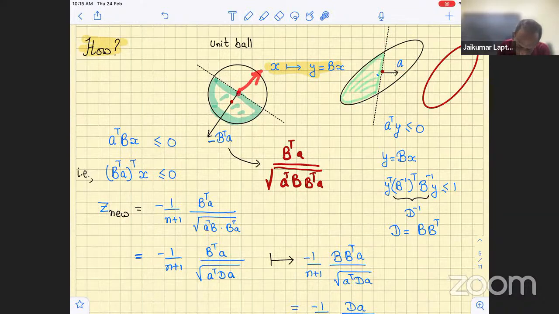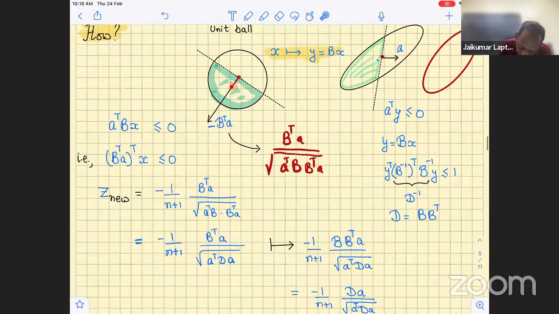So this was B transpose A, and this direction is minus B transpose A. So I move minus B transpose A, normalized, times 1 over n plus 1 in this direction, and that is the center. If I were required to enclose this half ball in an ellipsoid, that would be the center.